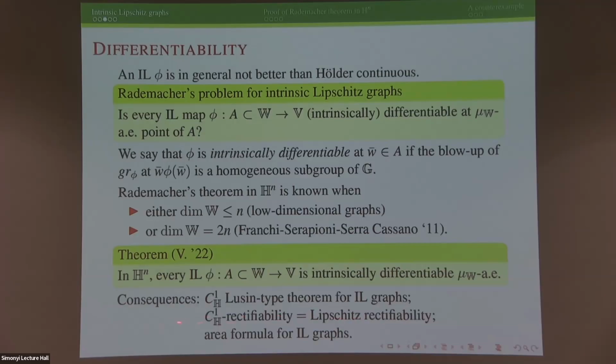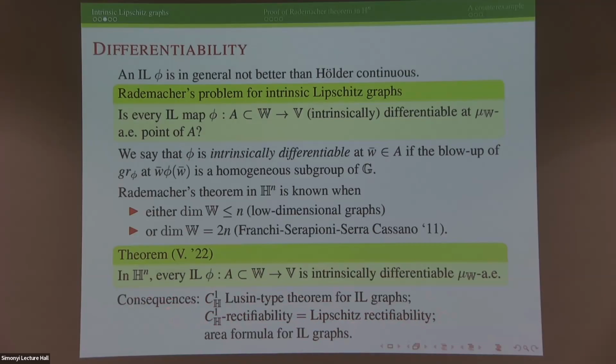Probably the most interesting consequence for us is that, in the theory of rectifiable sets, it doesn't matter whether you start from intrinsic C1 objects or from intrinsic Lipschitz objects. They are essentially the same, due to the Lusin type theorem.